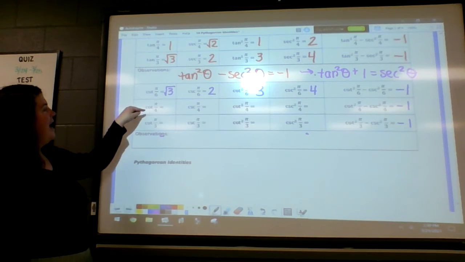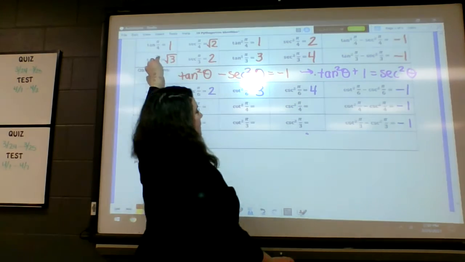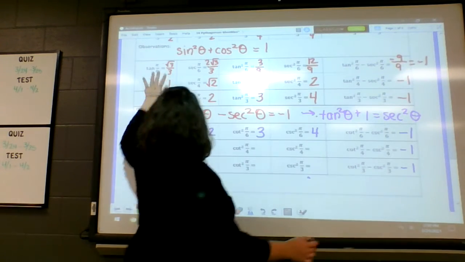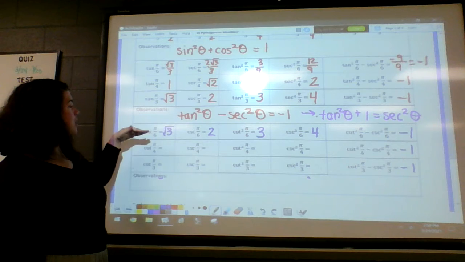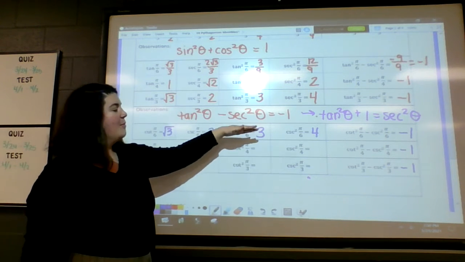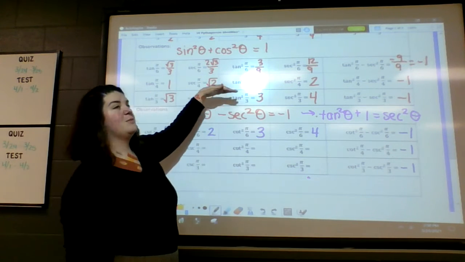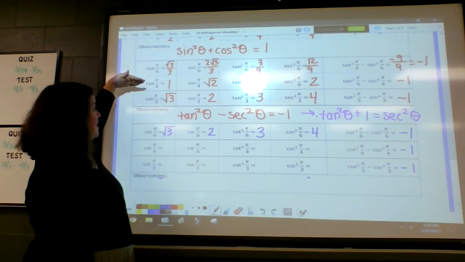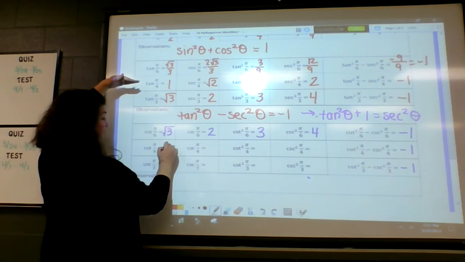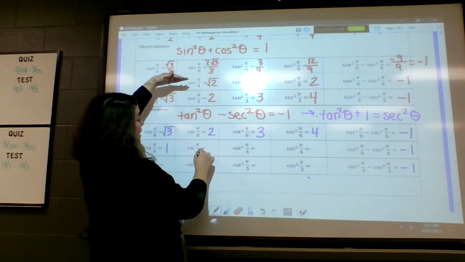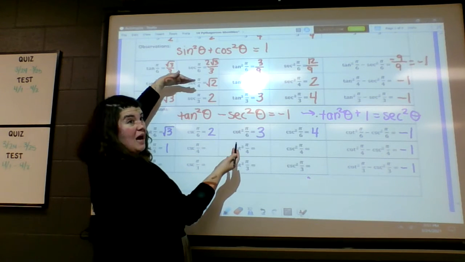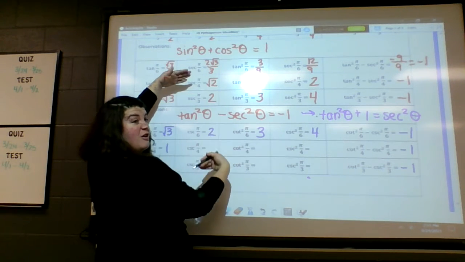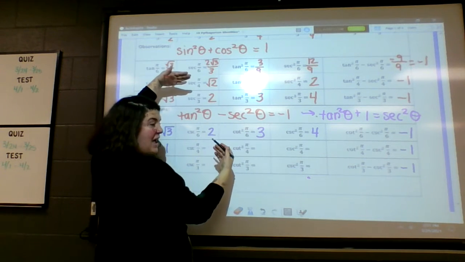By the way, it's actually really similar because tangent and cotangent are reciprocals. So this line right here of the pi over 6 was actually the same line as pi over 3 because of the reciprocals. Pi over 4 is going to be the same as pi over 4. This is 1. The cosecant, which is the reciprocal of sine, is the same as the reciprocal of cosine because those are the same x's and y's.